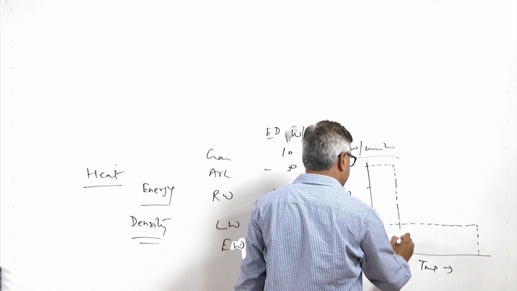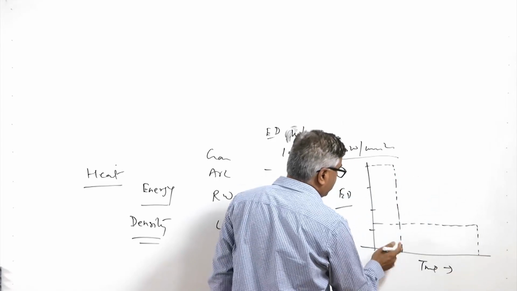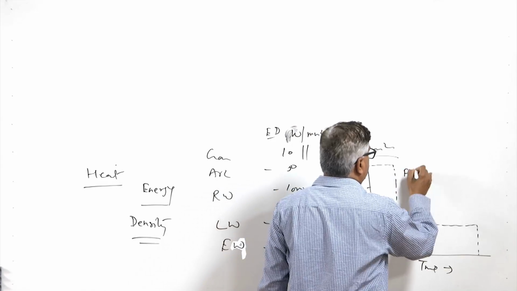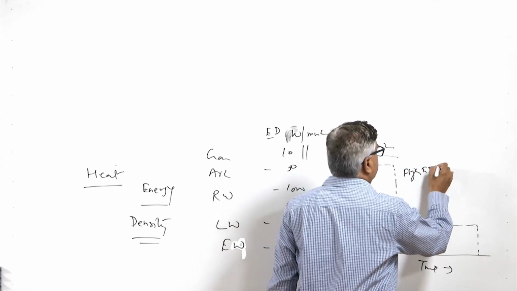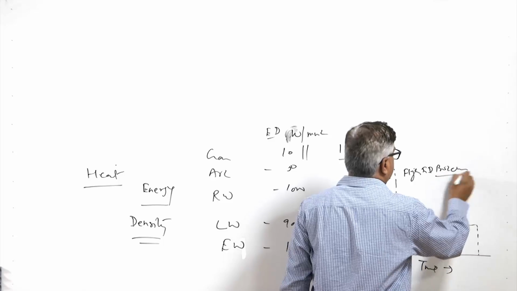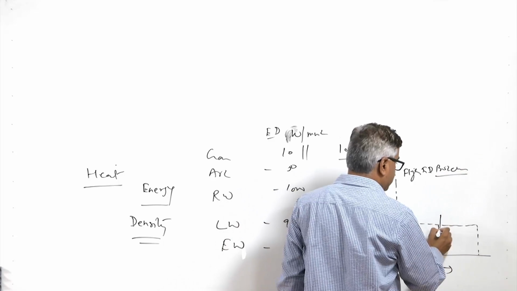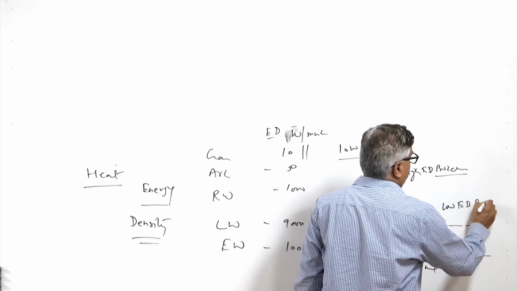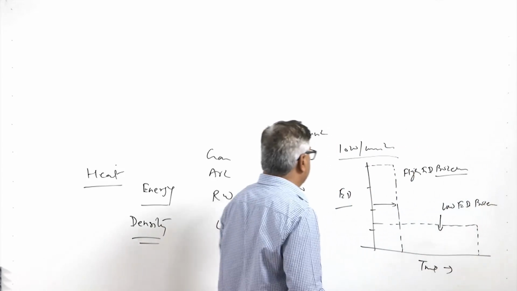For a high energy density process like laser beam or electron beam, we need to supply the energy for a short time, and this is the low energy density process like arc welding or gas welding.